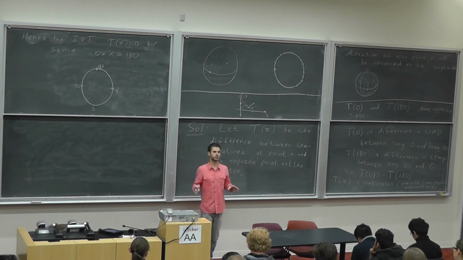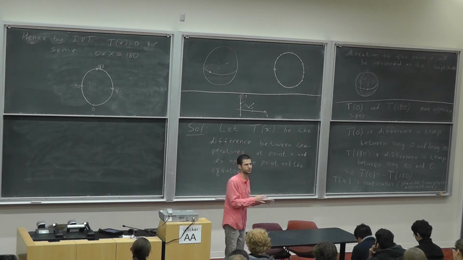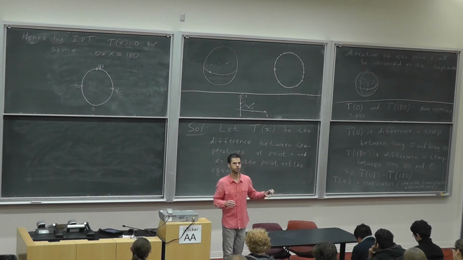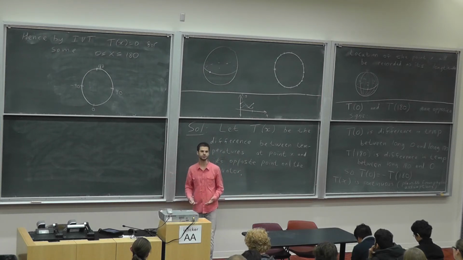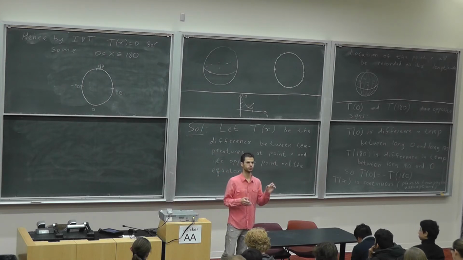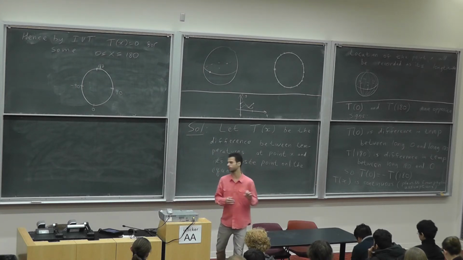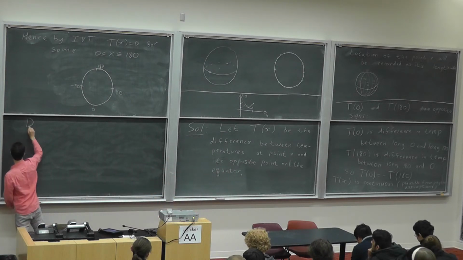So continuity was about the qualitative side of this thing. Just a small change in argument leads to a small change in the function. The next concept, the concept of derivative, is going to be about the quantitative relationship between change in argument and change in value of function. So let's talk about this notion of derivative.